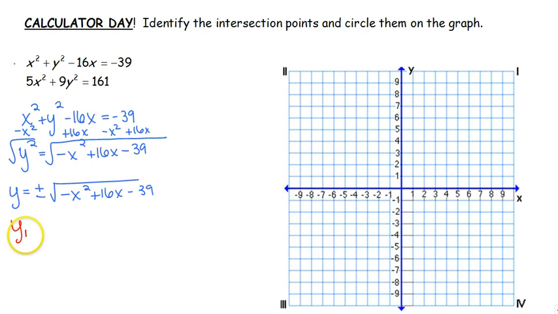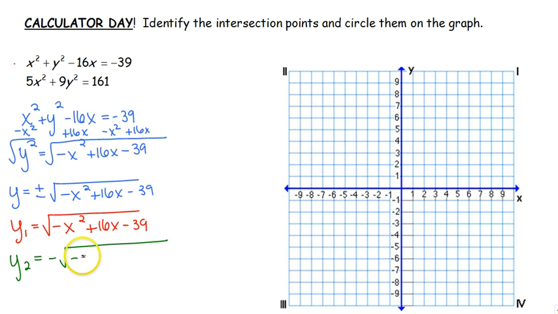So in y1, we'll have the square root of negative x squared plus 16x minus 39. And then in y2, we'll have a negative square root of negative x squared plus 16x minus 39. So for that one equation, we have a y1 and we have to have a y2.